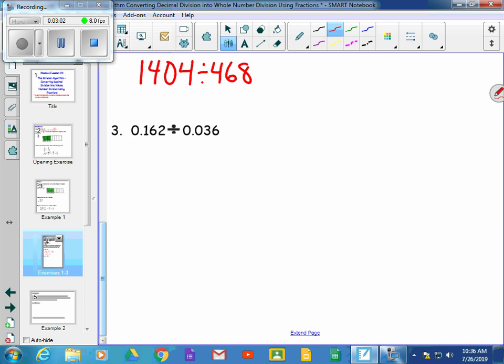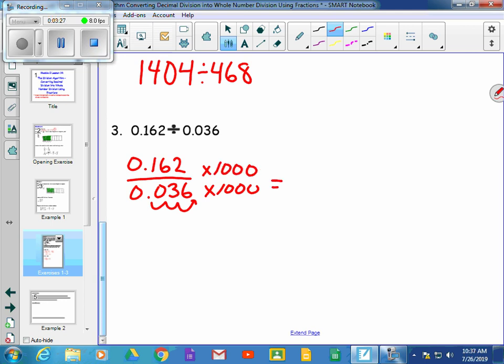Let's try this last one here. I like to write them as fractions so I can see them on top of one another. This time I have to multiply the denominator by 1,000 because I've got to move that three places to the right. Whatever I do to the bottom, I have to do the same exact thing to the top.